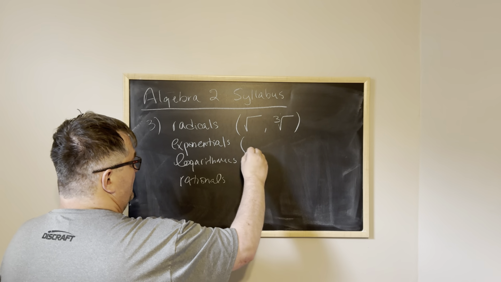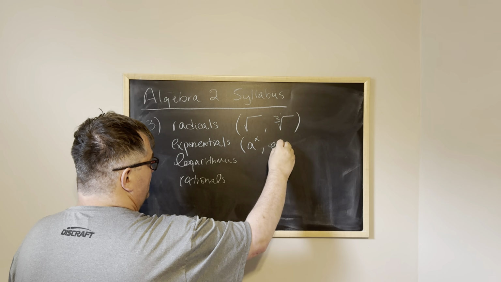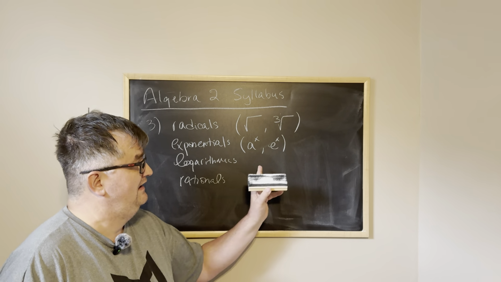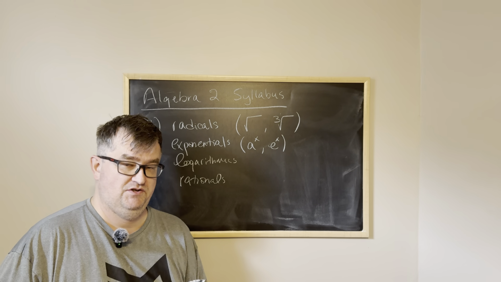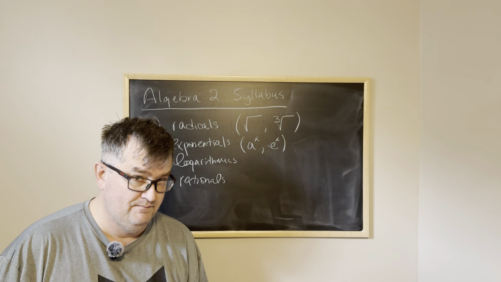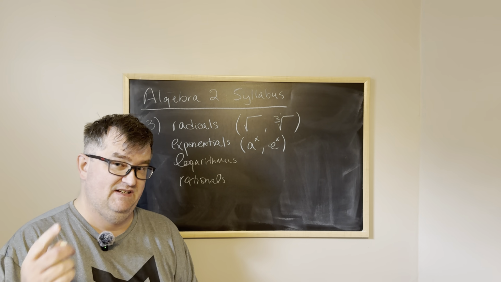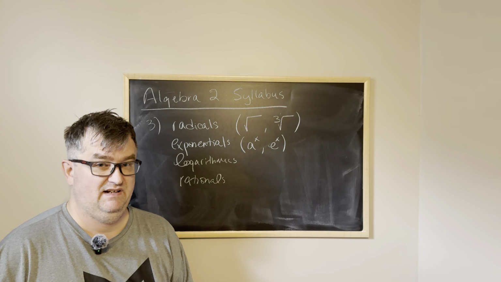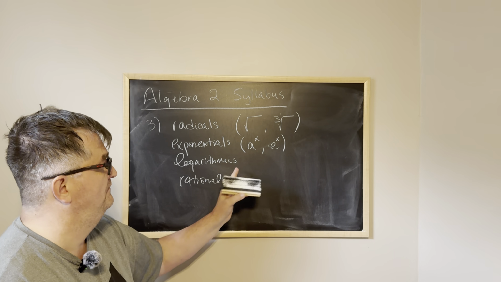Exponentials. You're going to learn about a to the x, but you're also going to learn about e to the x. And if your Algebra 2 course does not have a good discussion about the number e and its inverse function, which is something you should be familiar with from Algebra 1, but you're probably going to get covered again as part of function as a concept in Algebra 2.